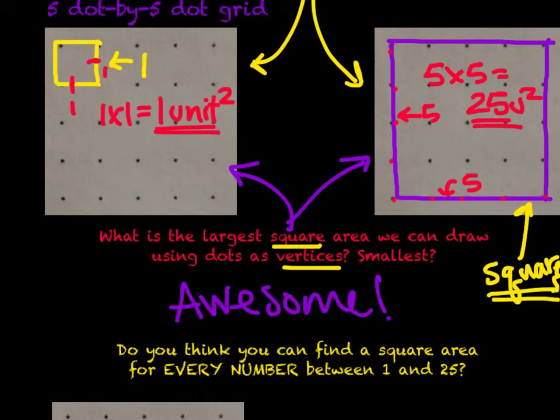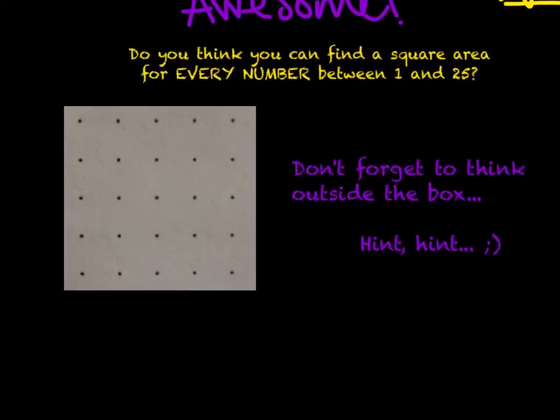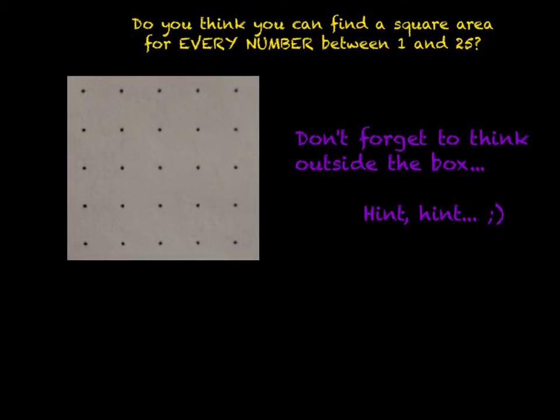But I also want you to think, do you think you can find a square area for every number between 1 and 25? That is your launch into problem 2.1a. So for 2.1a, you are literally going to be drawing as many different square areas that you possibly can.